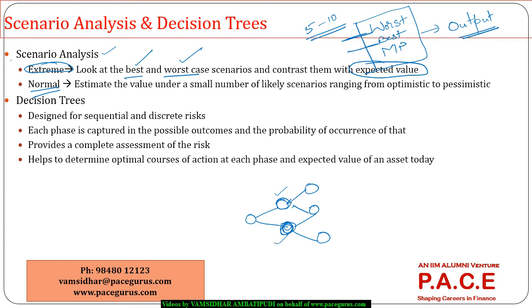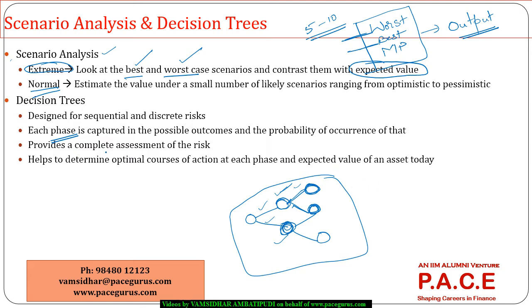If this occurs, from here again there could be a chance of this occurring or this occurring. So this is what a decision tree is, which means every phase is actually captured. We look at the probability of occurrence of each of the phases, and this way the decision making that we are getting into is what is called the decision tree approach.